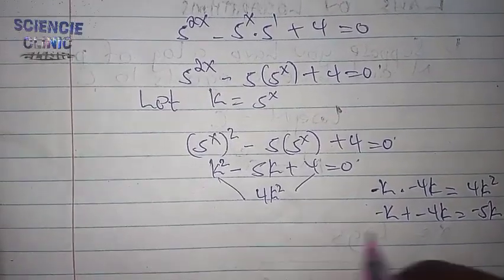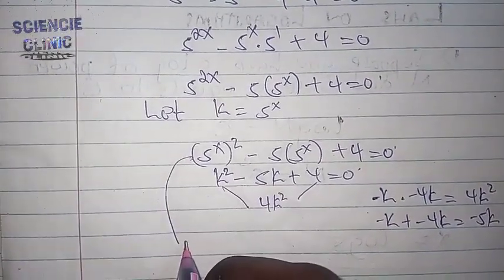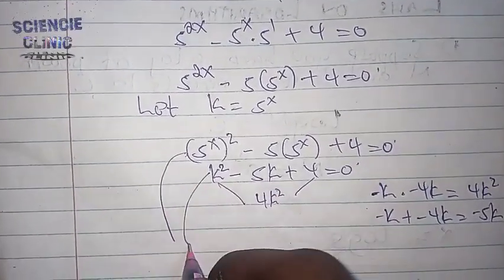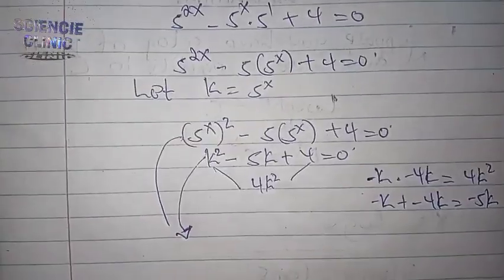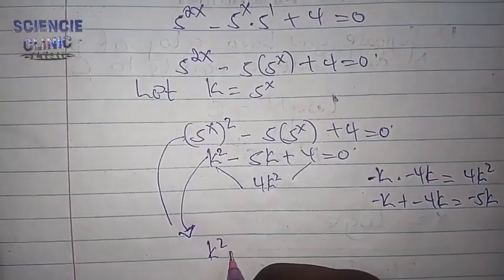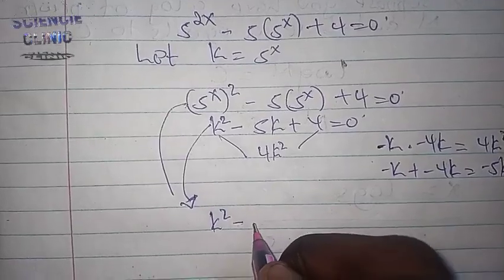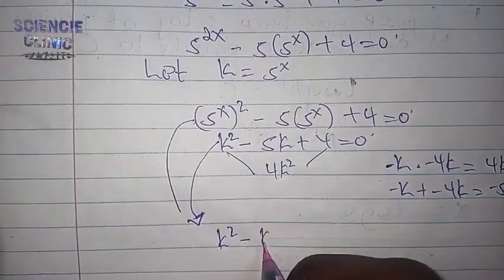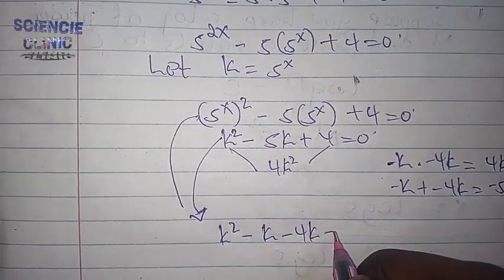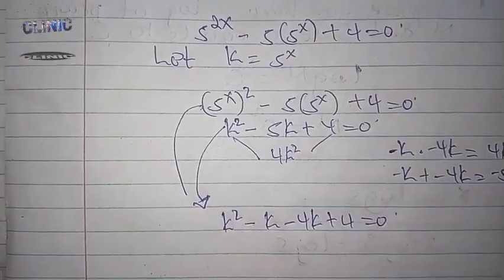So now it's going to become k squared minus k minus 4k plus 4 equals 0.